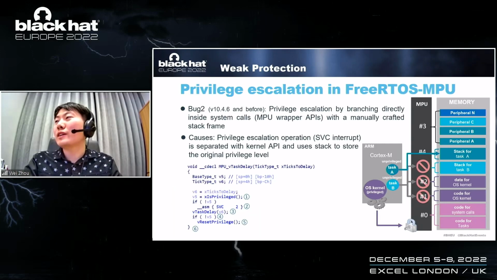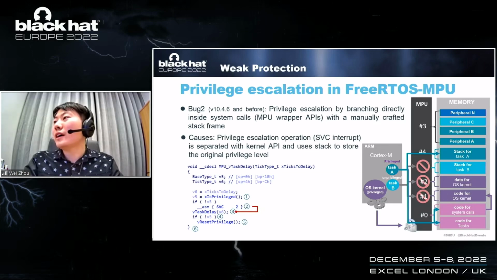Let's go deeper into this problem, and we can see the patch code here. When the system call calls the task delay function, it will judge whether it is privileged or not, and if it is unprivileged code, it will raise its privilege and then go to the kernel function.